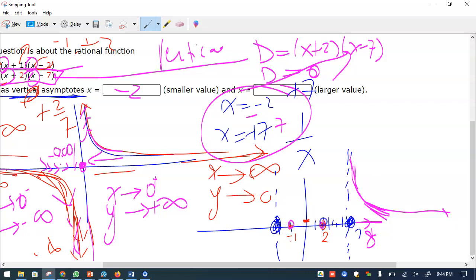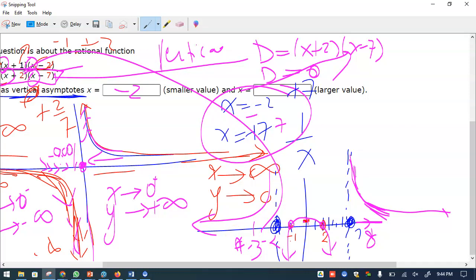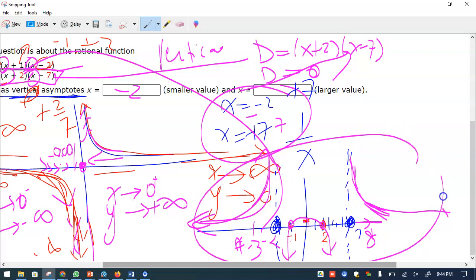Now this is how you will see the graph goes something like this. And on this side, if I put -3 in the whole thing, you'll see it's going to be positive. So it goes like this. And all this, don't worry about it. We'll see it next.